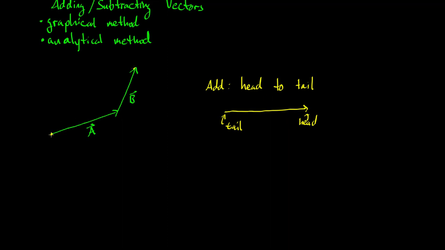It would be something like this. And this vector is called the resultant vector. We could call it R, and that would be equal to A plus B.